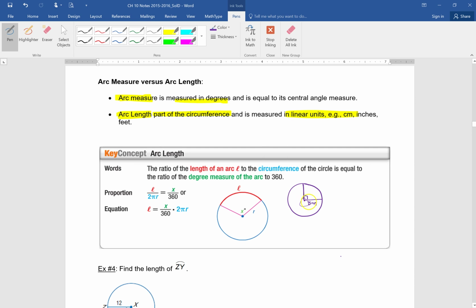If it's 90 degrees, it's 1/4 of the full angle, right? So 90 over 360, that's 1/4 of the full angle. Now, that angle just portioned off how much of the circle? 1/4 of the circle, right? So if this was a pizza and you cut it at 90 degrees, you've portioned off that much of it.